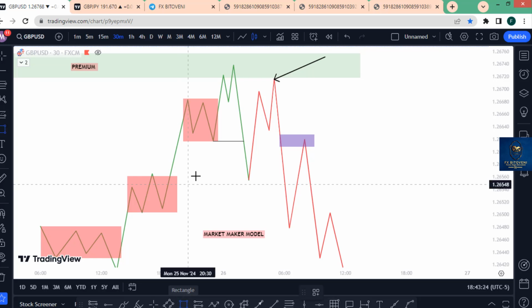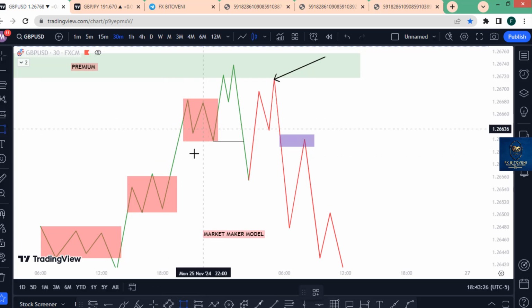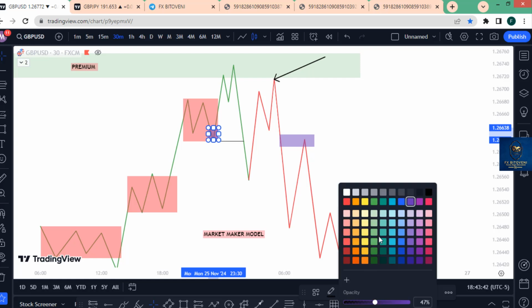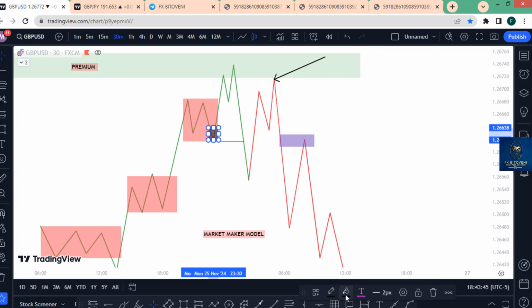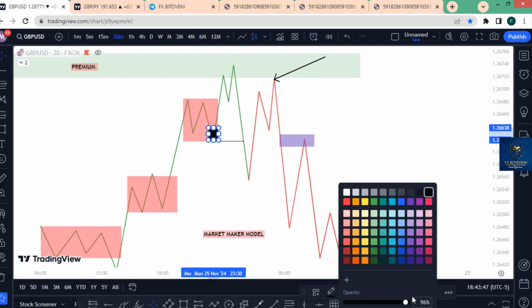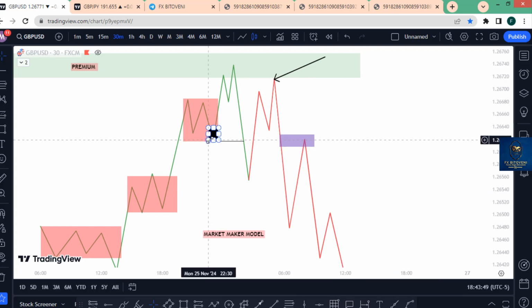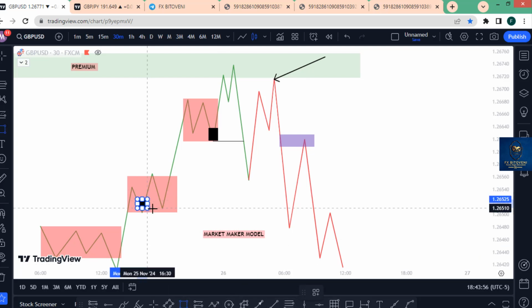What is a mitigation block? A mitigation block are those bullish candles that were created during this reaccumulation. For example, you have a bullish order block that was created here, you have a bullish order block that was created here, and you have another bullish order block that was created around here.